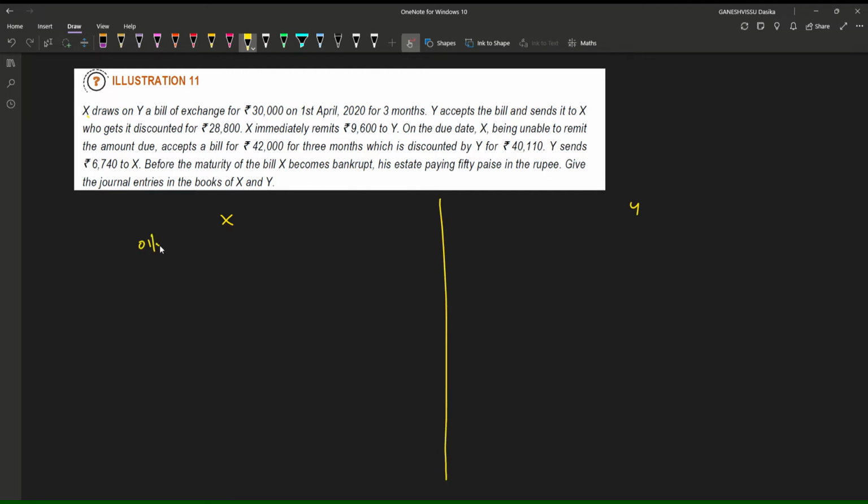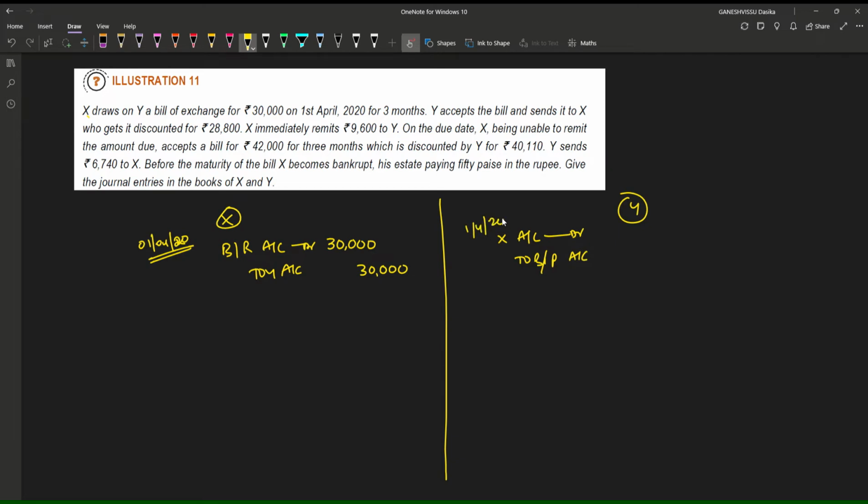On 1/4/2020, X has drawn a bill of exchange on Y for mutual accommodation, in the sense what: bills receivable account at R to Y account for 30,000 rupees. In the books of Y, what would be that entry? X account at R to bills payable on 1/4/2020 only for 30,000 rupees.